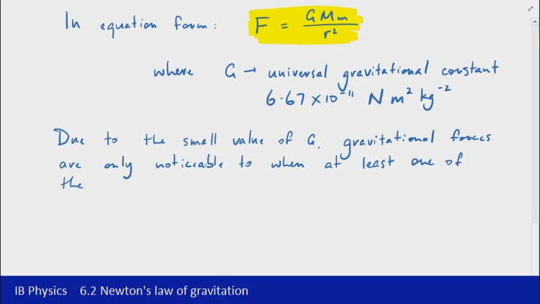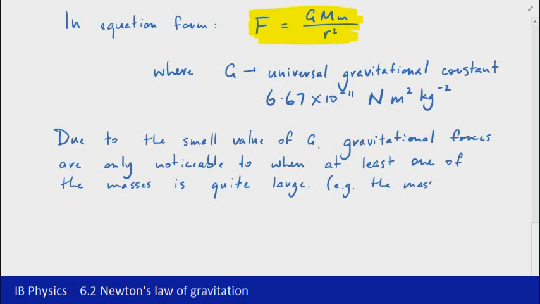By that I mean we notice the force due to gravity because the mass of the Earth is quite large. Our mass isn't that big in comparison, but because the Earth is so big, we can experience that force.